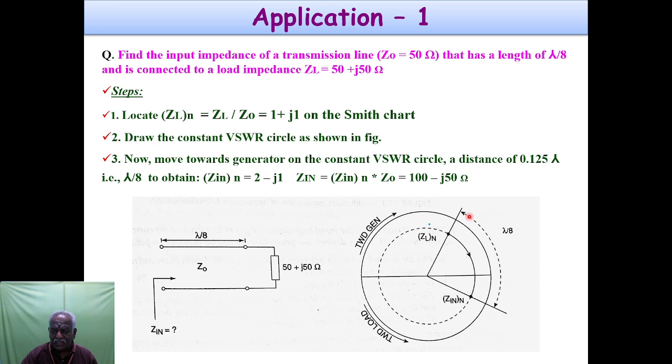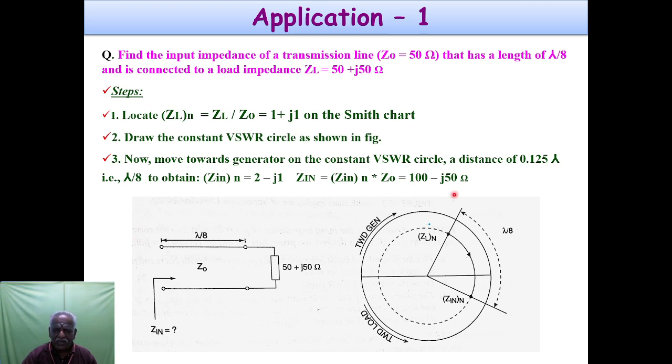The electrical length is marked along the periphery of the Smith chart. So from the load point, you just extrapolate this line and find out the value at this point, then move lambda by 8, that is 0.125 lambda, from that point towards the generator. Towards the generator we are moving, okay, from the load to the source.